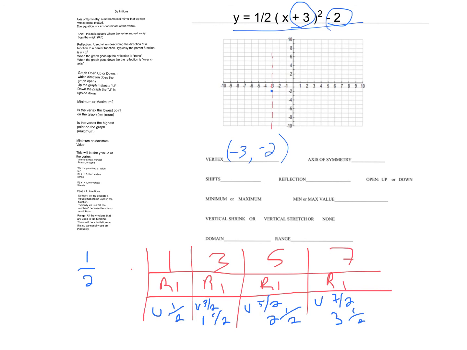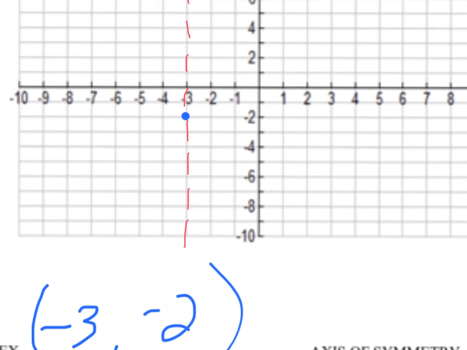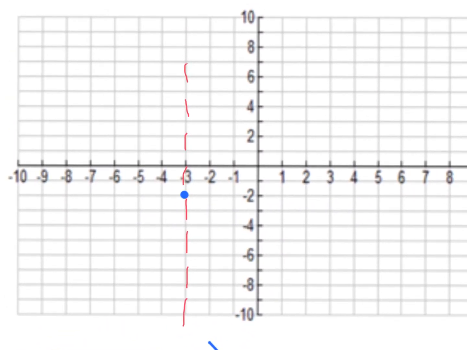Okay, so let's move in and start graphing. I'm going to go right one, up a half. So right about there. Right one, up 1.5. So 1.5 would be right there. Right one, up 2.5. Right about there.